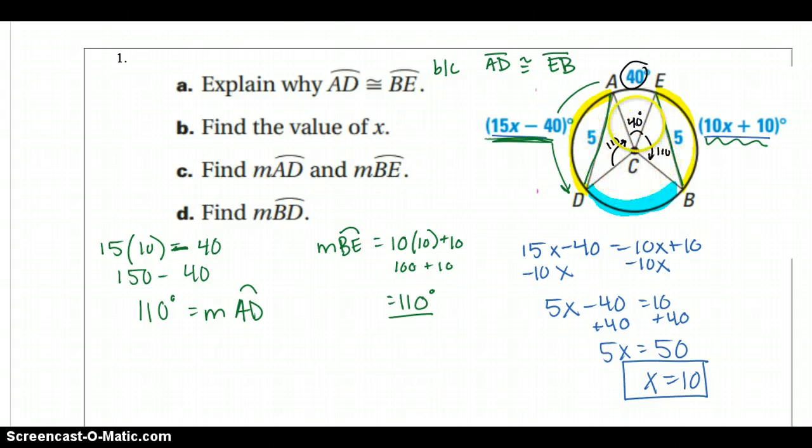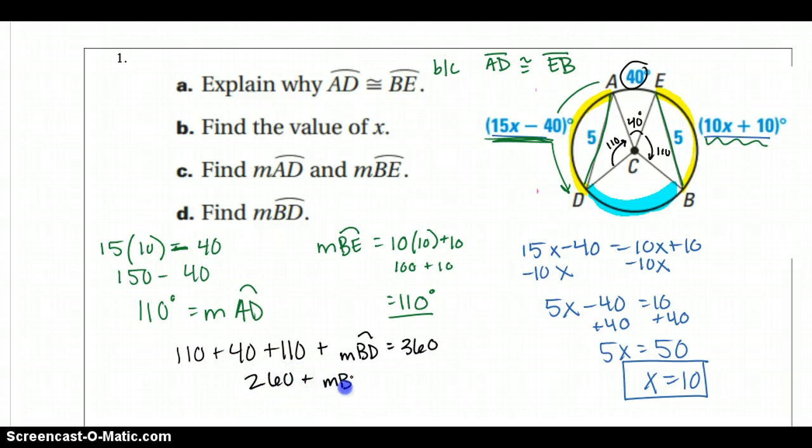So we know all of the arcs in the circle add up to 360 degrees. So 110 plus 40 plus 110 plus what we're looking for, the measure of BD, have to add up to 360. We add this together on the left and we get 260 plus the measure of arc BD equals 360. Thus, the measure of arc BD must equal 100 degrees.